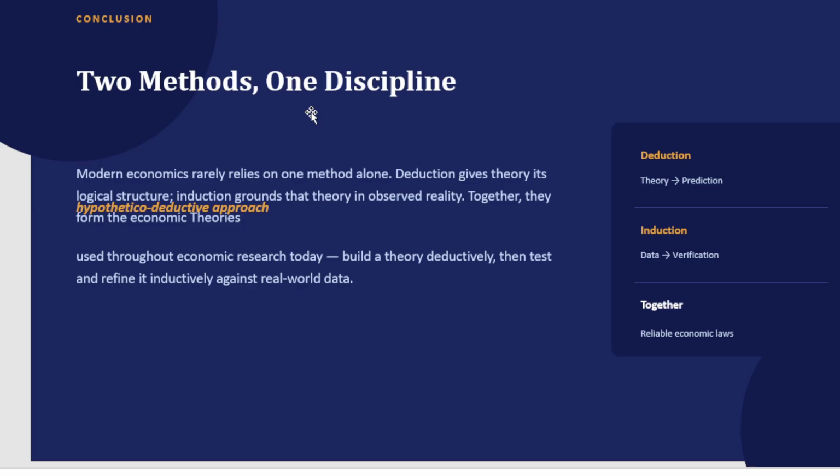Sometimes they have to use the deductive process, and sometimes they have to use the inductive process. So both the methods are complementary to each other. Deduction means theory to prediction, and inductive means data to verification. Both the methods are necessary for economic analysis.